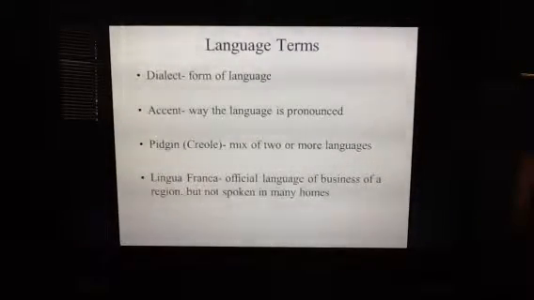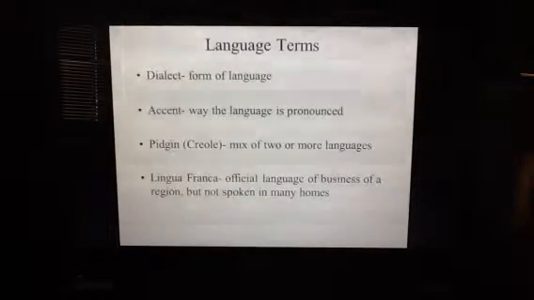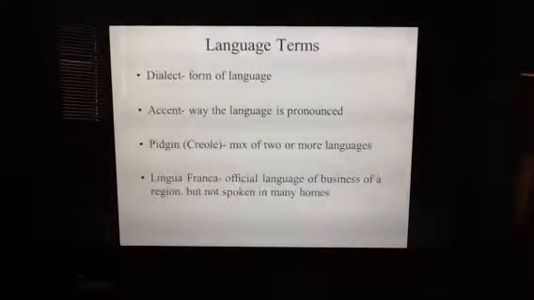Pidgin is a Creole, or Pidgin language is a Creole language. It's actually a mix of 2 or more languages. Creole languages are typically mixed native languages, with maybe an African language and an English language. You can find these languages in places like the Caribbean. In South Louisiana, they speak a Creole language.